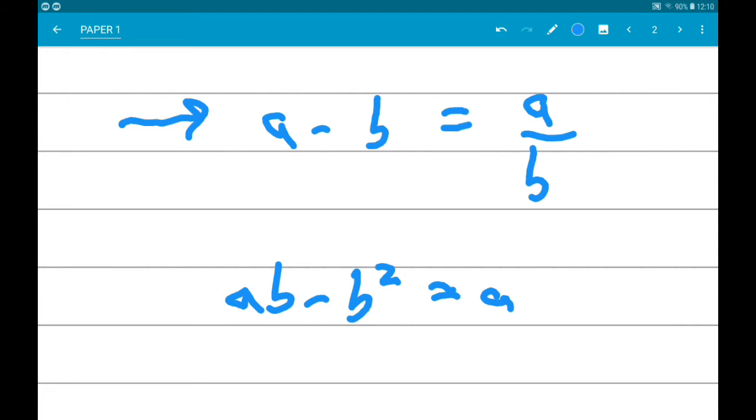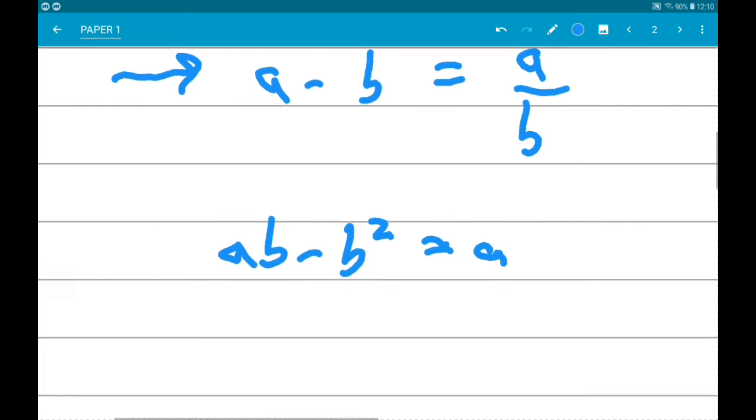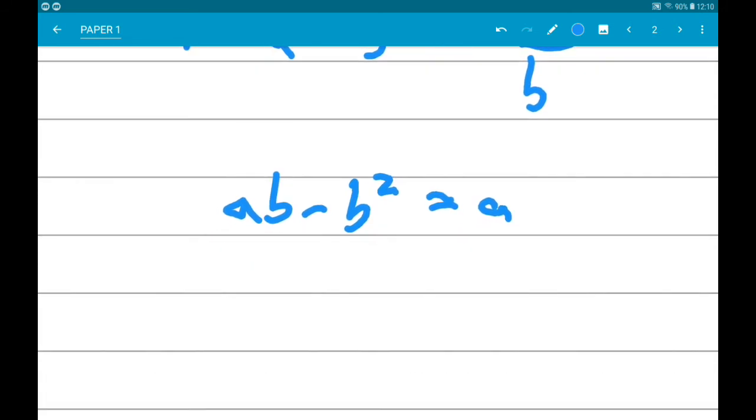So, what we're going to do is add B squared and subtract A from both sides. So we get AB minus A is B squared. Now on the left, we can factorise.